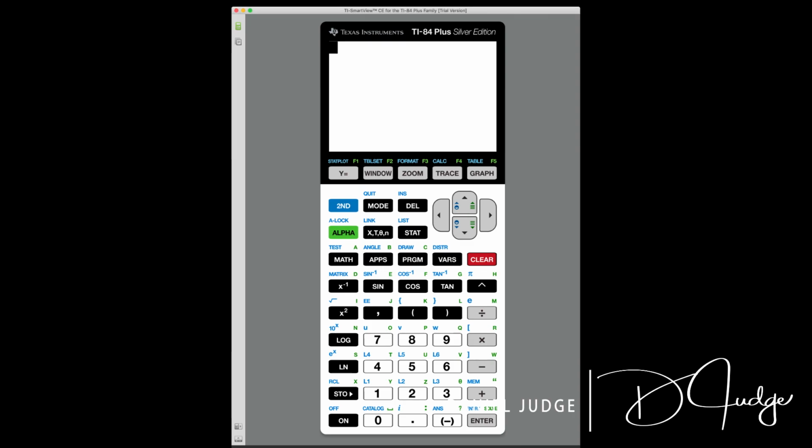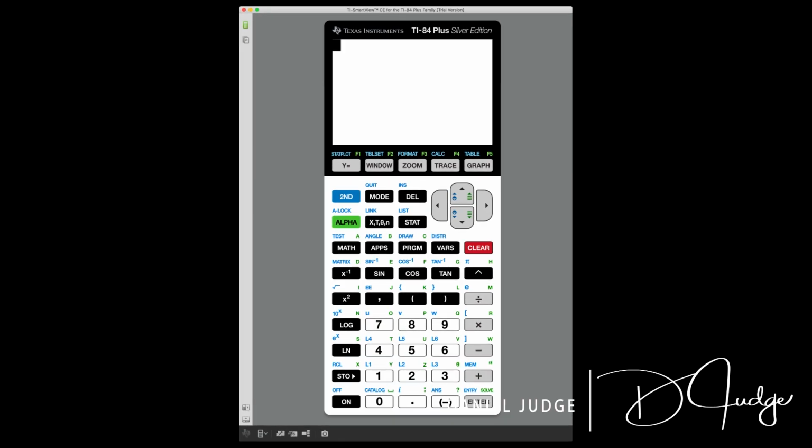Let me do this on the TI calculator for you guys. 0.25 plus 0.125 plus 0.156 plus 0.063 plus 0.031.